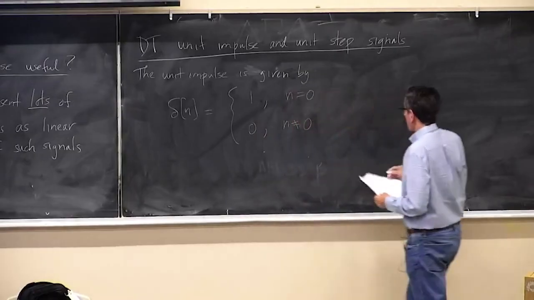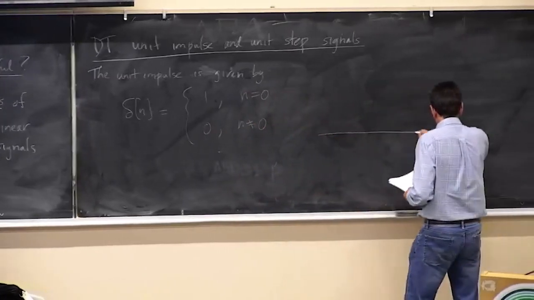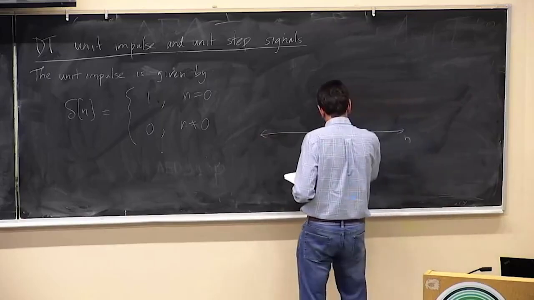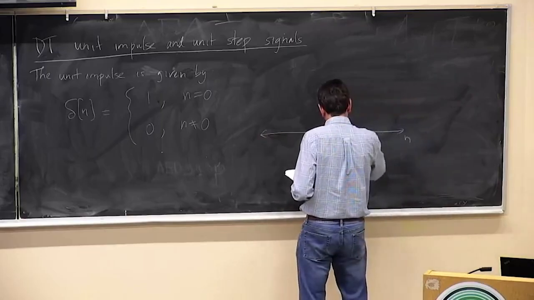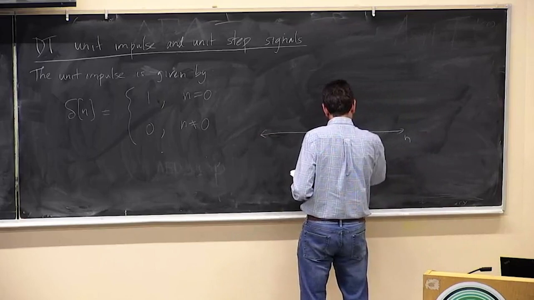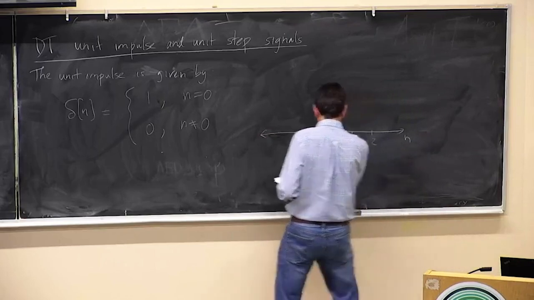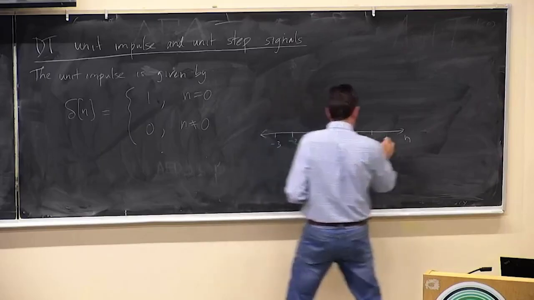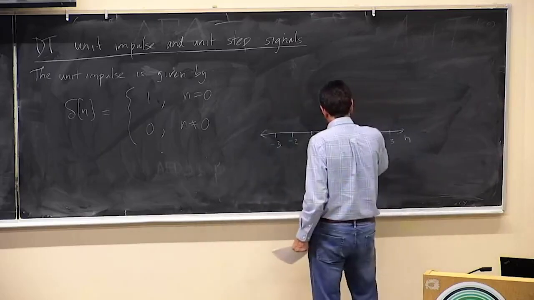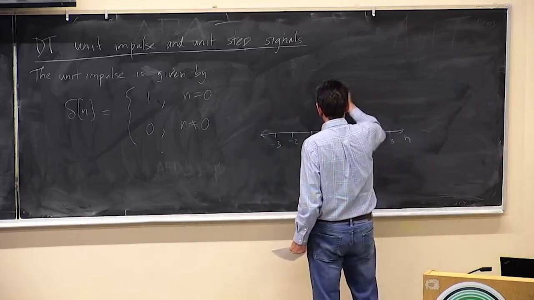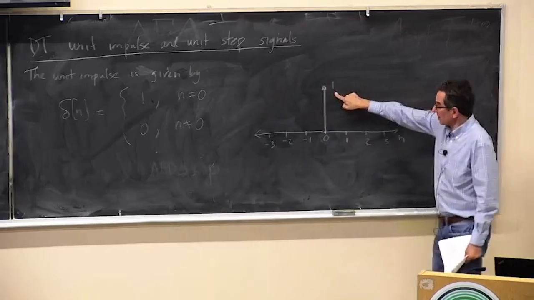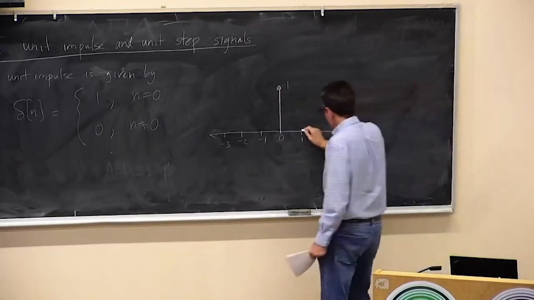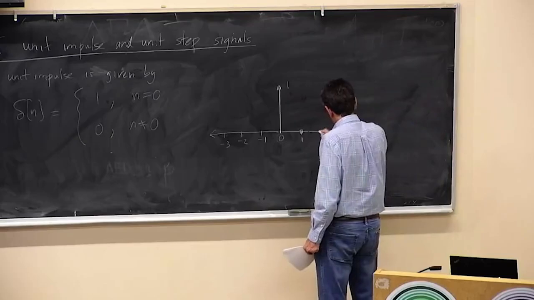If you wanted to draw a picture of it, it's a very easy thing to sketch and visualize. At 0, it has magnitude, amplitude 1, and then it has 0 everywhere else.